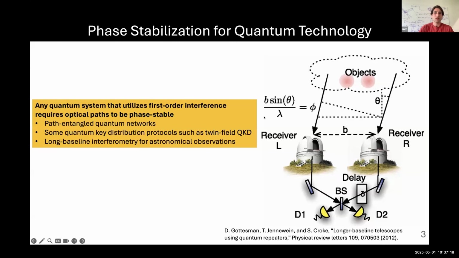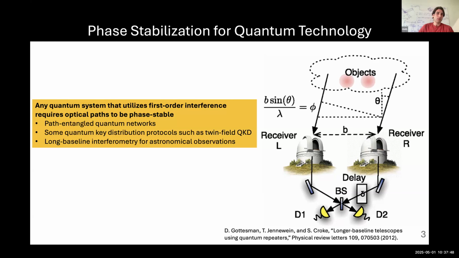There are a bunch of interesting things you can do if you have phase stable path lengths. In our case, we're building a quantum network based on path entangled states that requires a very high level of phase stabilization.